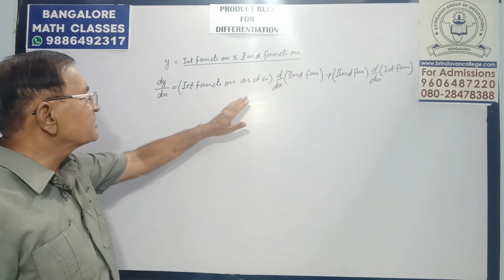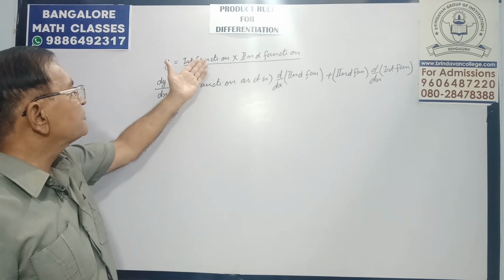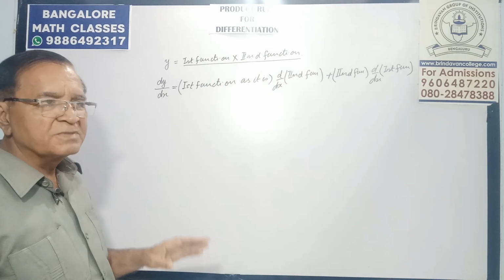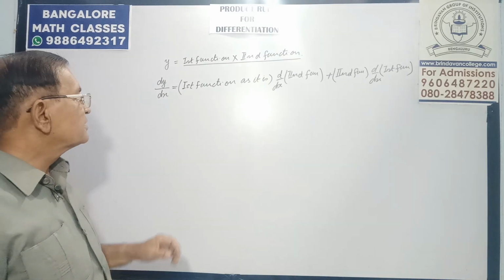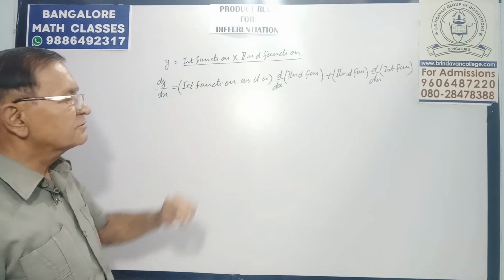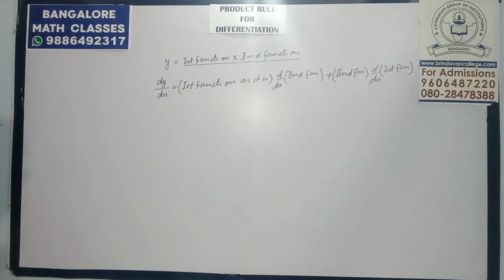Here both will be functions, meaning this is having x, that is having x. Both are having variables. Then the identity to be used is first function as it is, differential of the second, plus second function as it is, differential of the first.